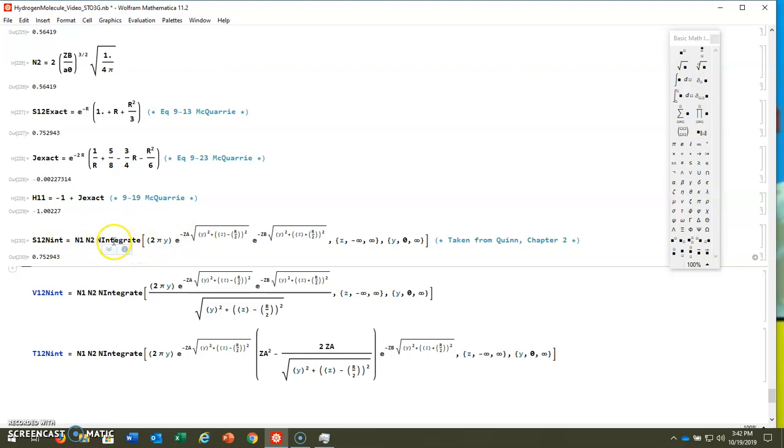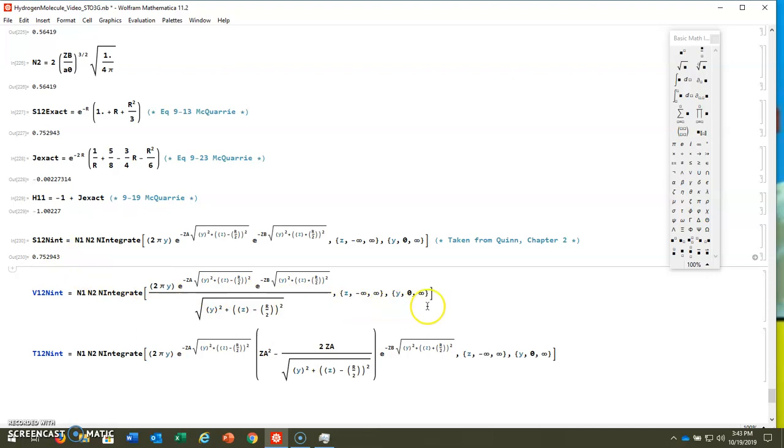So I did a numerical integration of it with the two normalization values in front, and it gives me a nice value and good agreement with the exact. There it is, 6 decimal places, 0.752943. That was kind of nice, but it certainly doesn't agree with my S12 that I was using above.